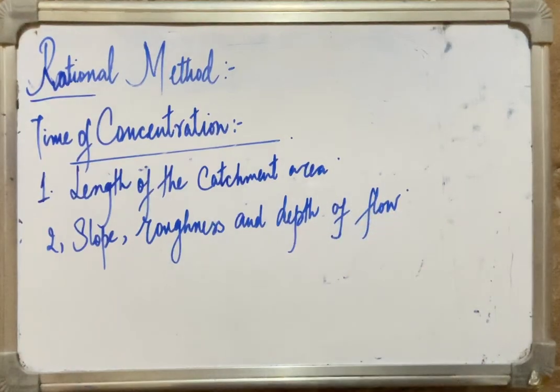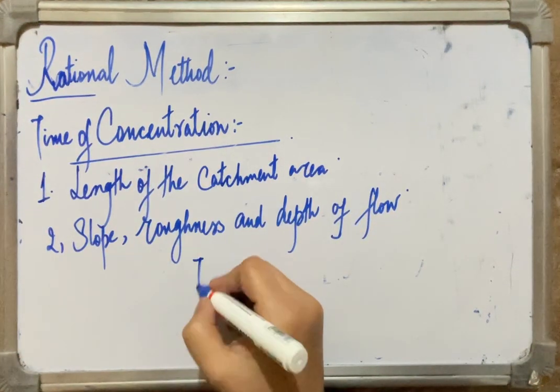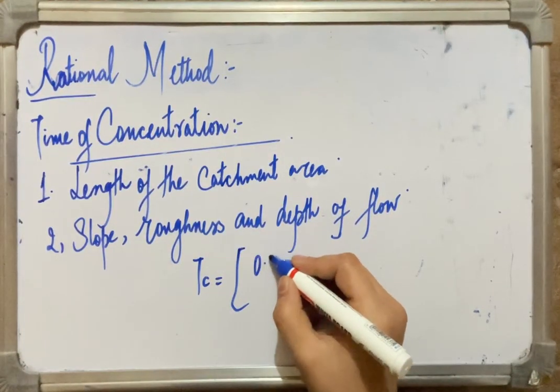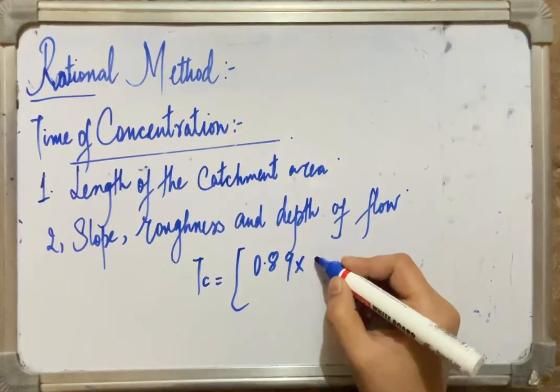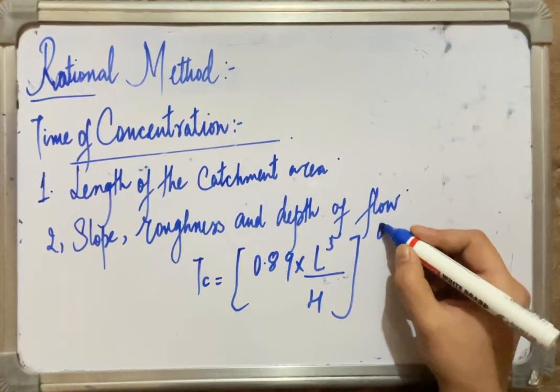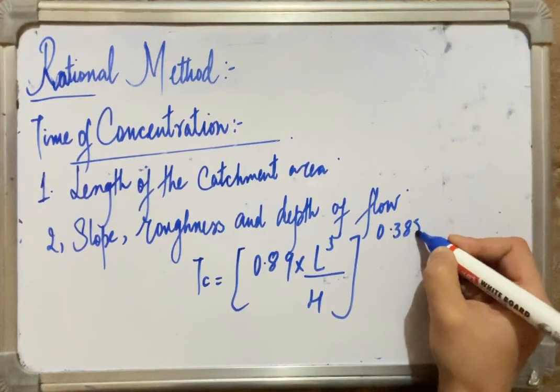And we can determine this time of concentration by a simple empirical formula, which is Tc, the time of concentration, equal to 0.89 into (L cubed divided by H) whole raised to the power 0.385.